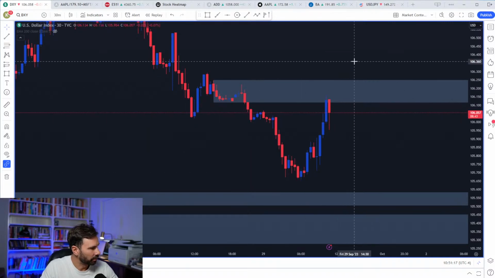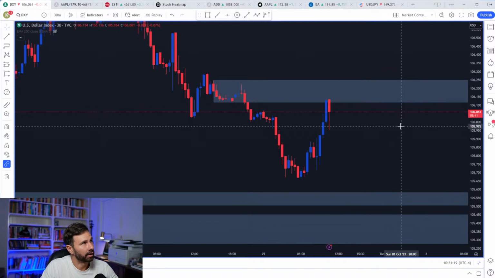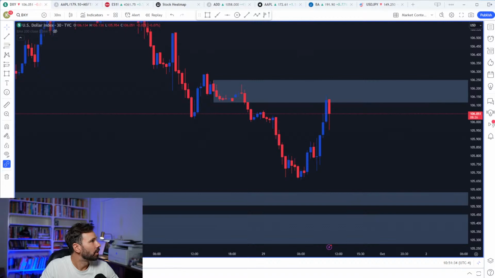Let's see if the dollar continues to the upside. I think if the dollar continues to the upside, the market will continue lower today. If not, then the market would have bounced. But I'm okay with it. I know this red line was a support.